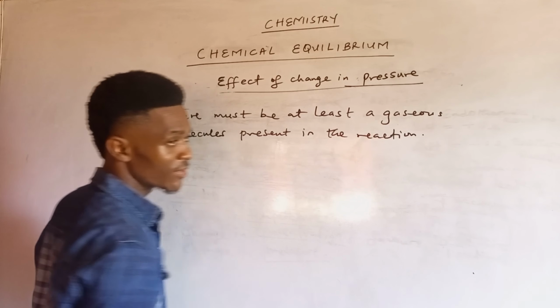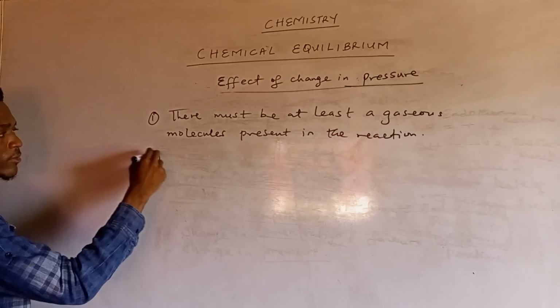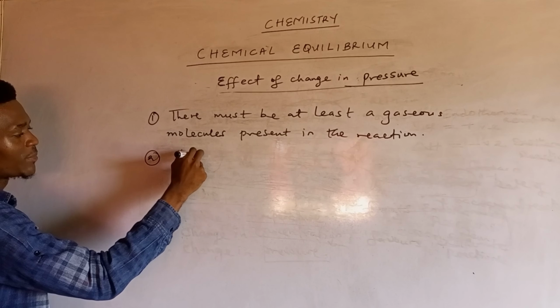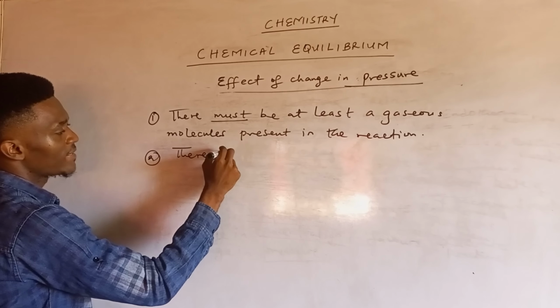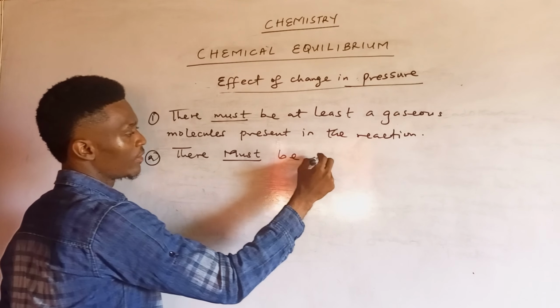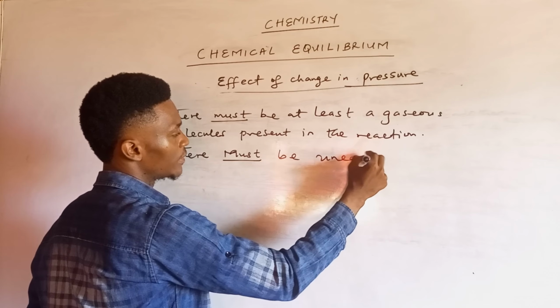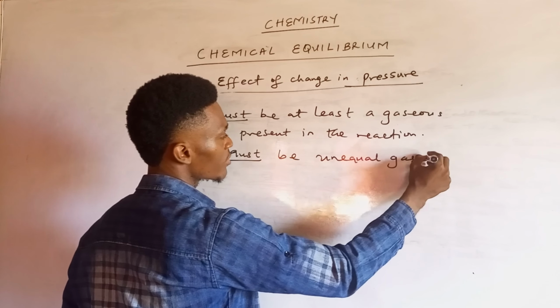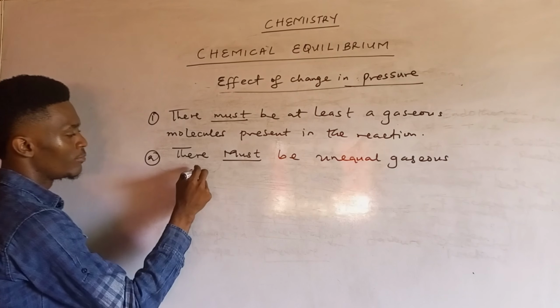It could be the product or the reactant side. Then secondly, there must be, you see I'm laying emphasis on the must, there must be unequal gaseous volumes.